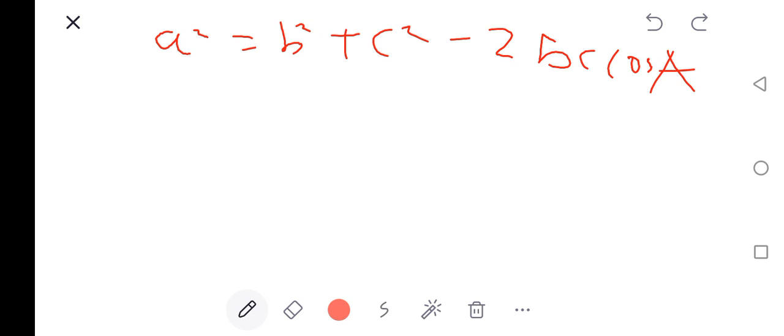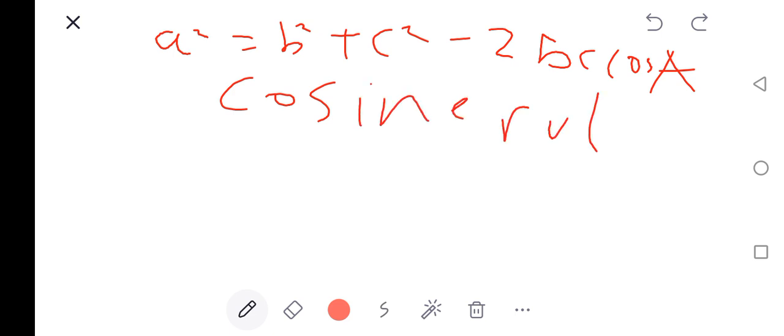So this one is called cosine rule. It's called cosine rule because there is a cos inside there. We said the Zambian syllabus will give you three mathematical formulas under trigonometry.